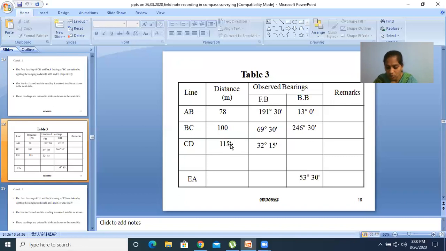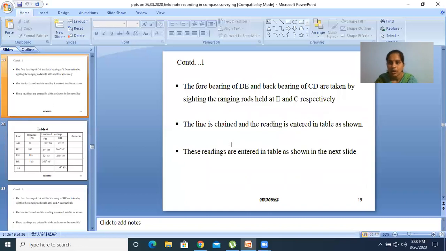Then after that, after C, the next station is D. You can shift your instrument to the D station. After shifting, you can center it and level it. That means you have to do temporary adjustment at each and every station. After temporary adjustments, you have to take the readings.